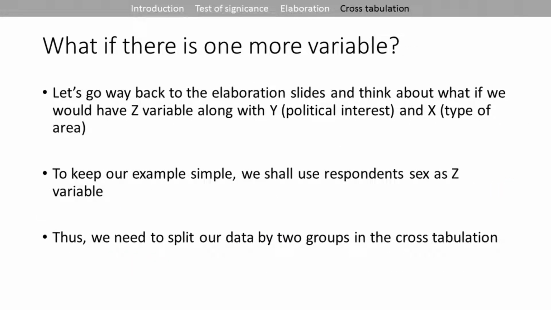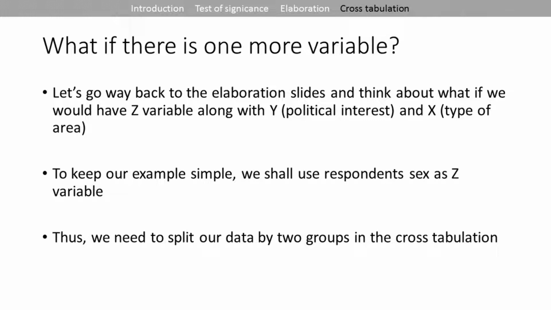And let's take a small bonus round here. The question is what we do with cross tabulation if we should have one more variable here. Let's go way back to the elaboration slide and think about what if we would have a third variable along with the political interest and type of area. To keep our example really simple, let's just think that the respondent's sex is a variable C, and thus we need to split the data in two groups for the cross tabulation.